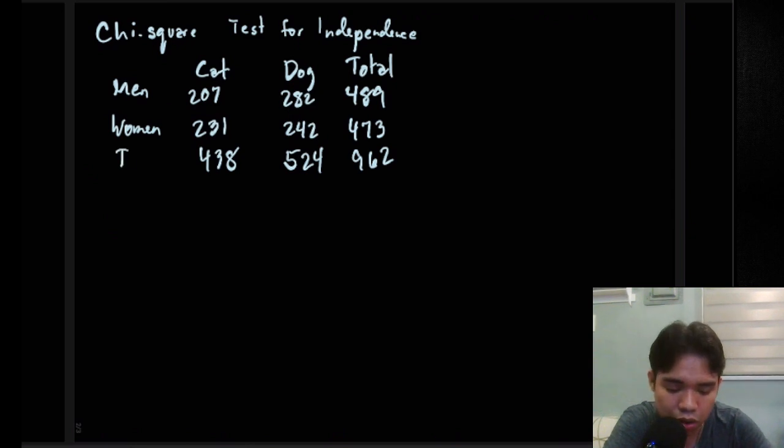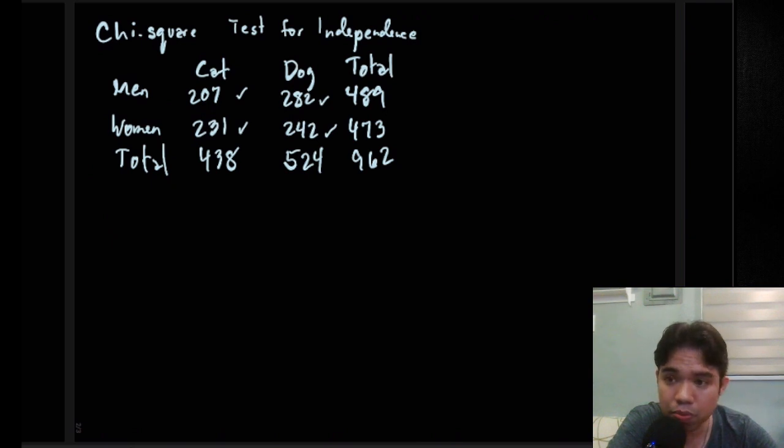This is also a total. Next, we are going to compute the chi-square for each of these cells. There are four cells here.